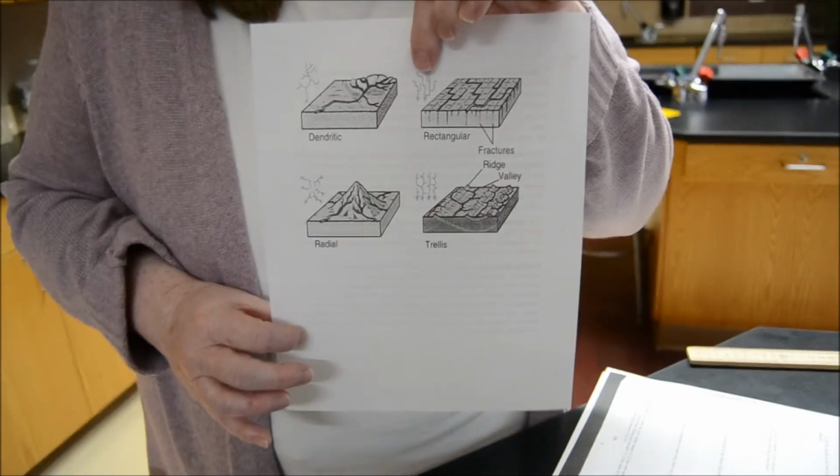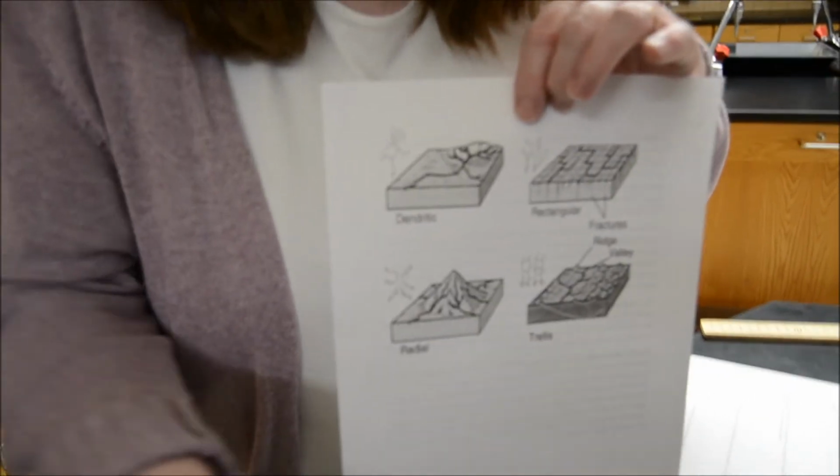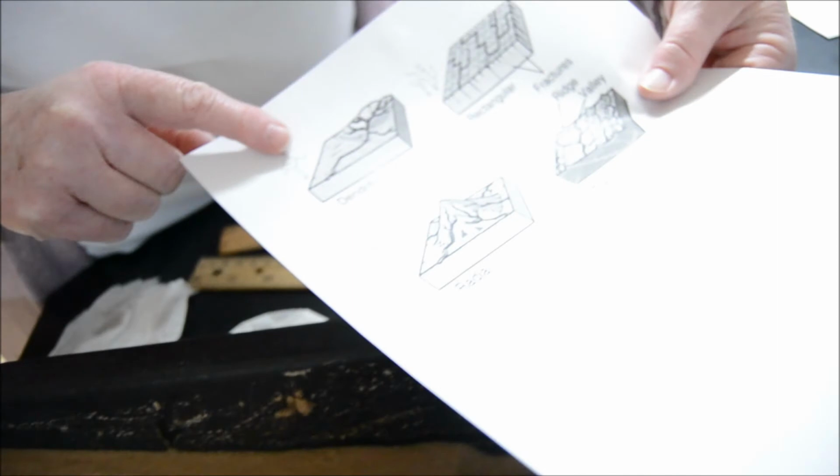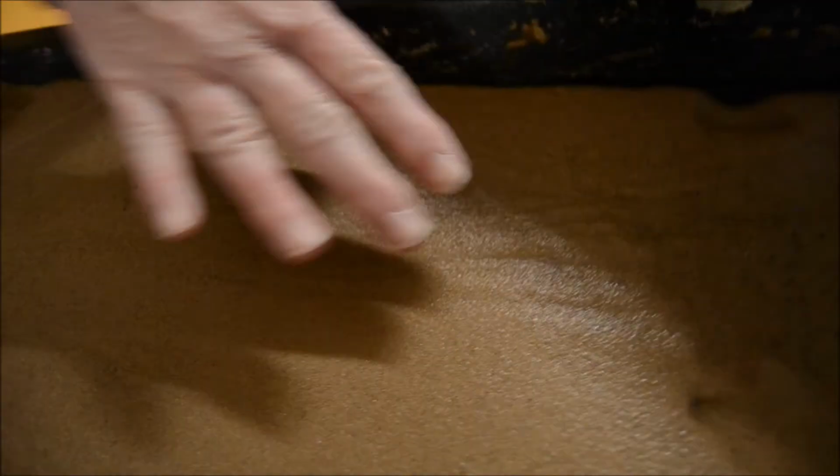Here's the description, and on the back, there are images. This one almost looks like veins. So this one is going to be more of a dendritic pattern, which makes sense because you have a little higher and then you're going flatter. So that's what question 5 is looking for.